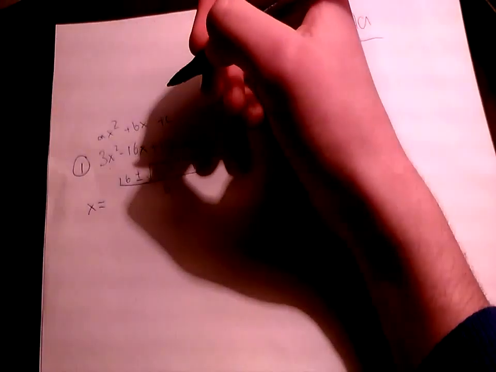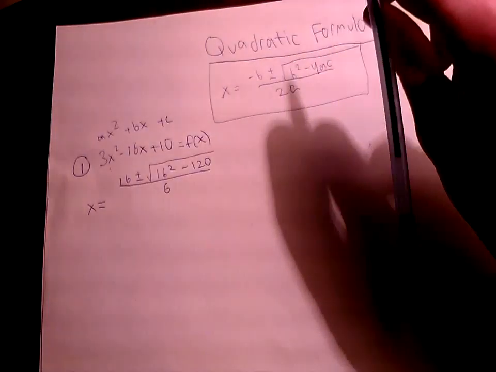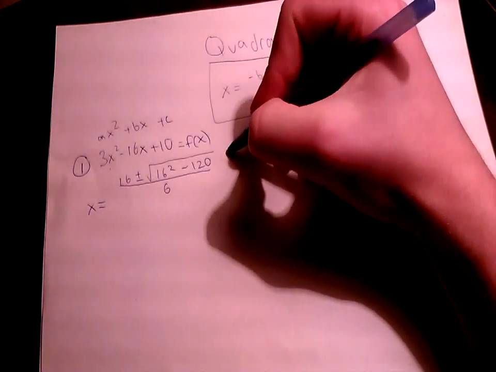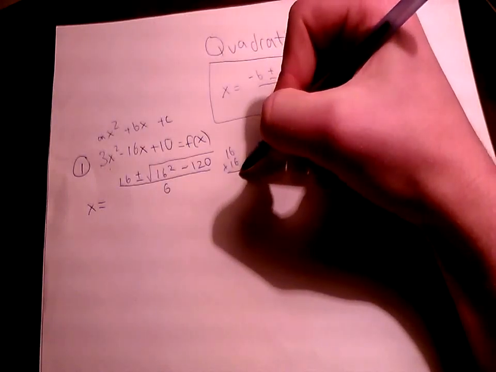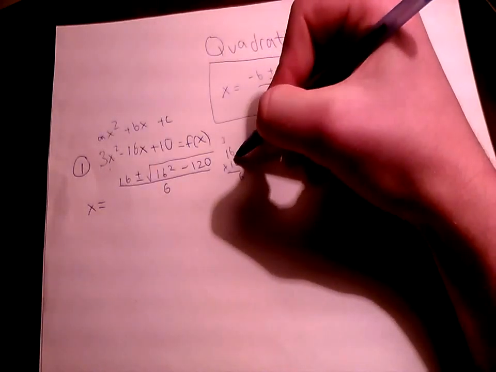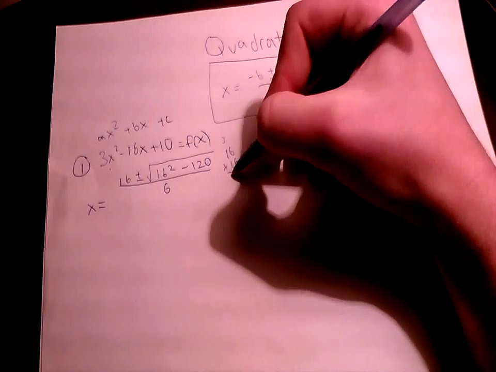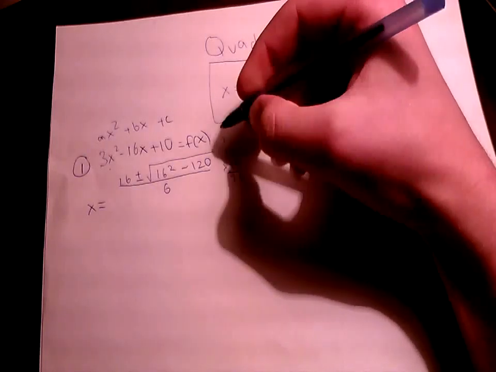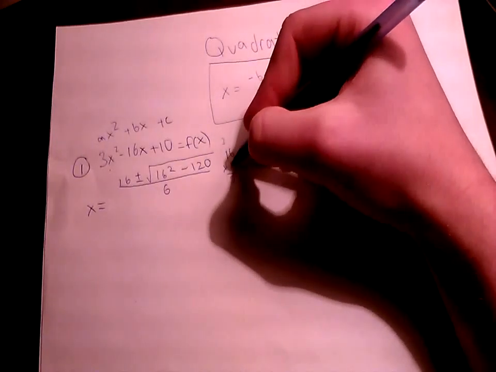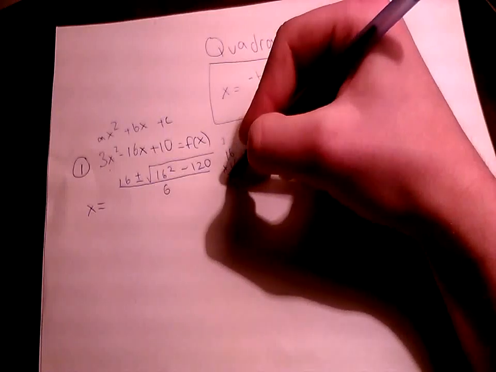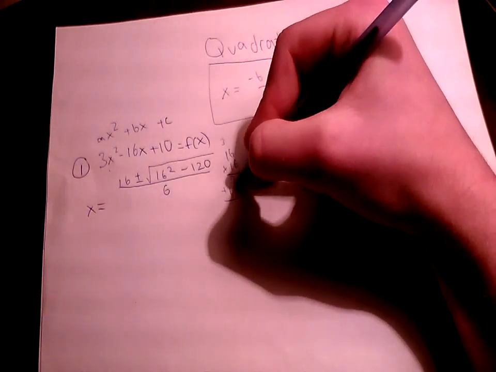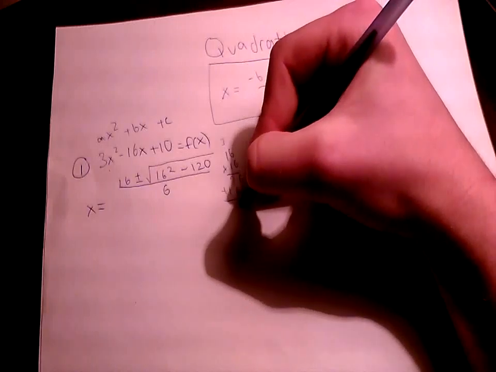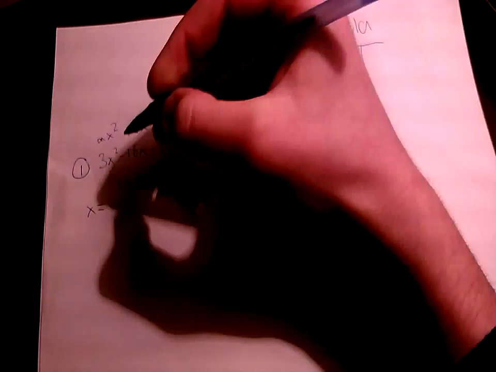Now, let's simplify. First off, I need to figure out what 16 squared is, so let me do that on the side here. 16 times 16, well, 6 times 6 is 36. 6 times 1 is 6, and so on. Adding it up, we get 256.